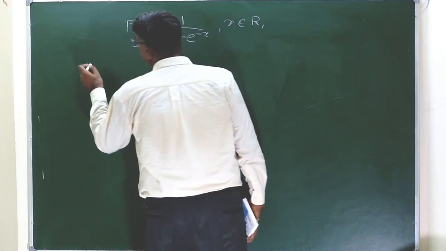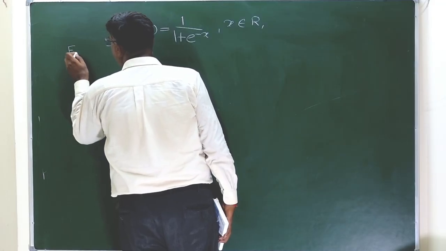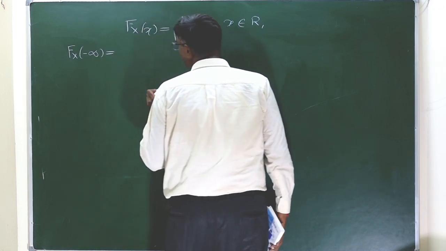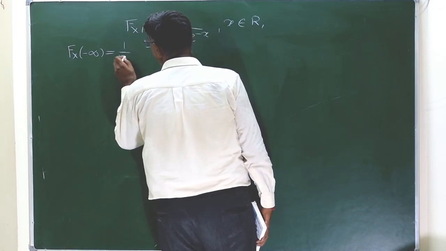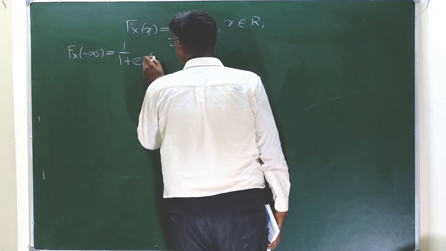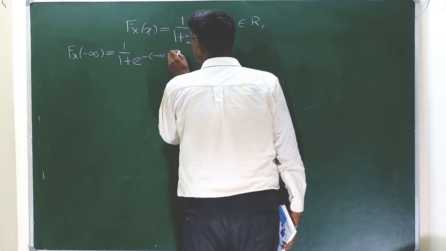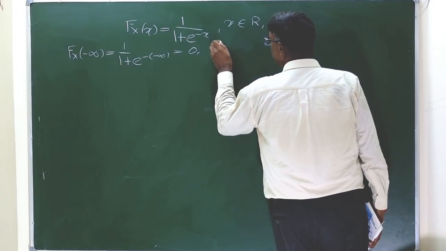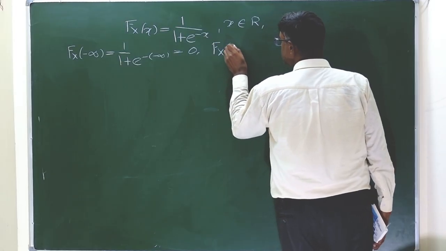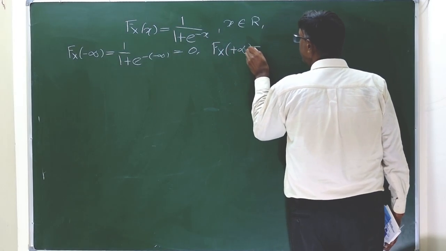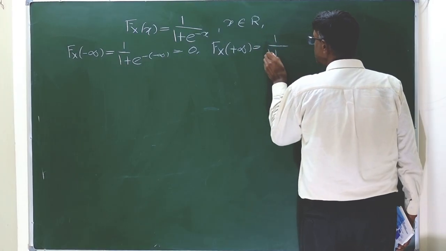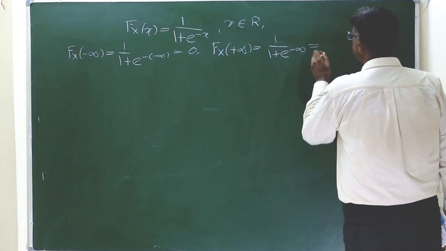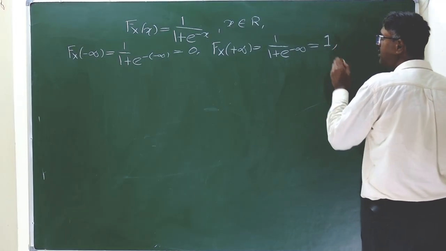So F(x) at minus infinity is 1 upon 1 plus e to the power minus of minus infinity, which is 0. Similarly, the value of F(x) at plus infinity will be 1 upon 1 plus e to the power minus infinity. So this is equal to 1.